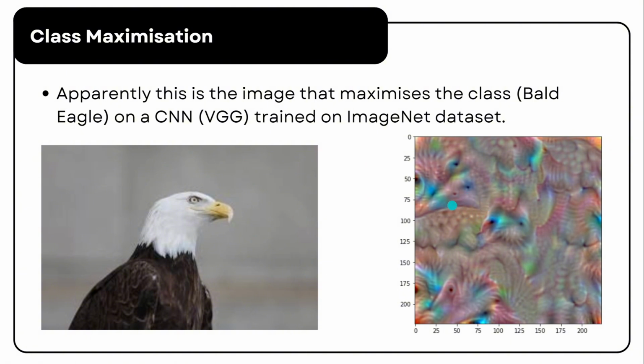In other words, this image caused the network to be almost 100% certain that it is looking at a bald eagle. Now, at first glance, it might look like an abstract art of noise, but if you study it closely, you will start to notice some patterns.